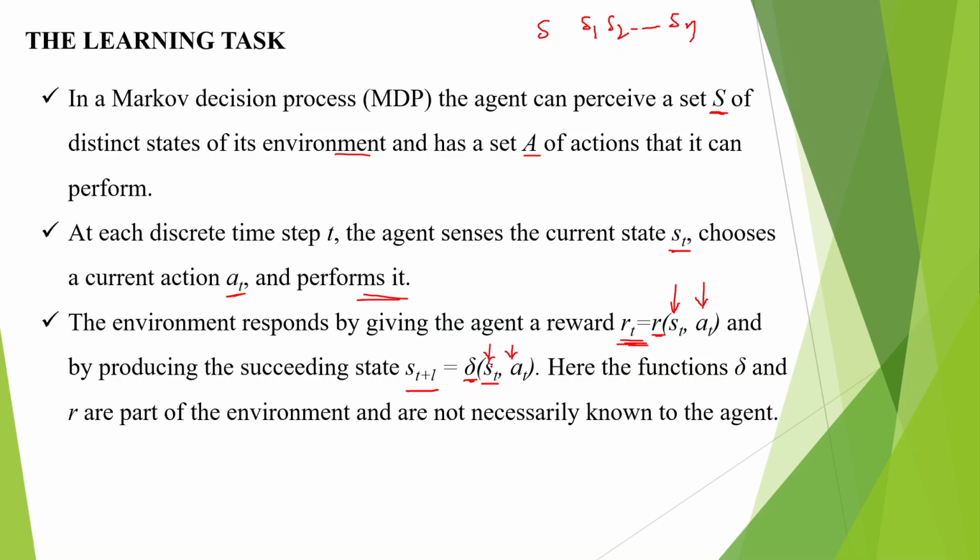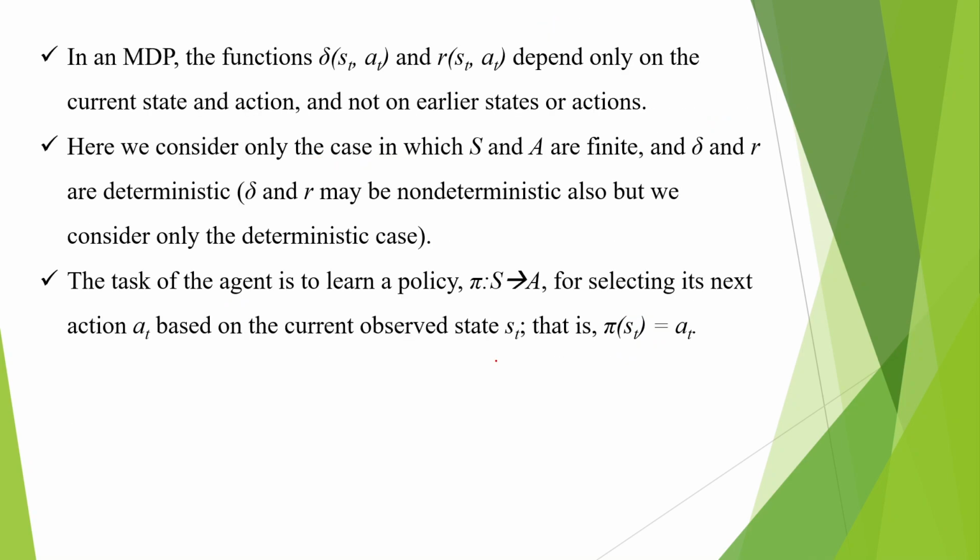Okay, when we apply the state change function, we get the resulting state. When we apply the reward function, we get the gained reward. The state change function will be applied on the current state and current action, and the reward function will also be applied on the current state and current action. Okay, hopefully it is understood. Here the functions delta and R are part of the environment and are not necessarily known to the agent.